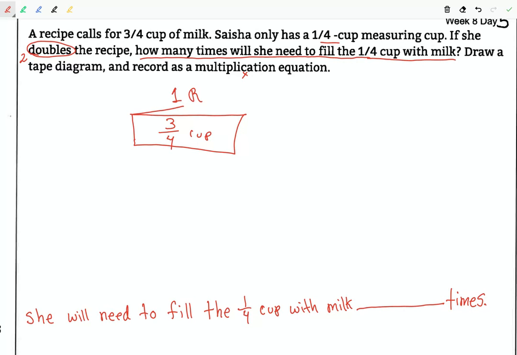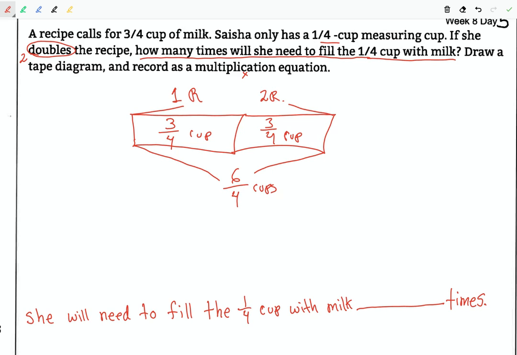So that means she's going to need another 3/4 cup of milk to make a second recipe. And so basically in total, how much milk is that to make 2 recipes? Well, that would be 6/4, correct? 6/4 cups of milk. That's what she would need to make the 2 recipes.